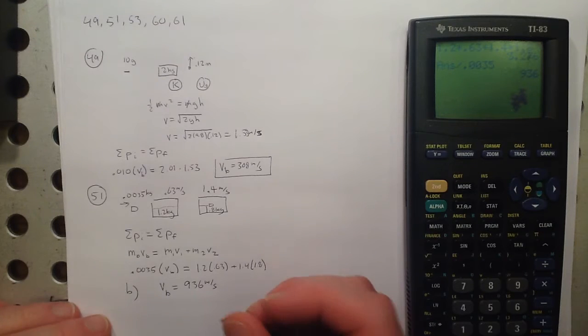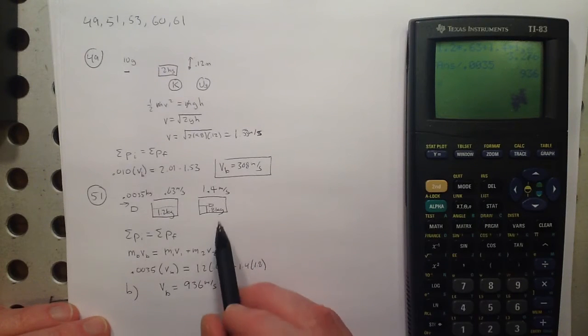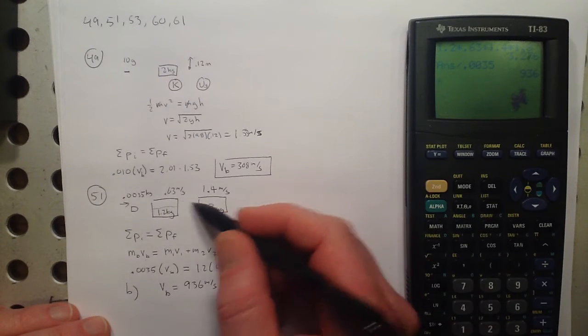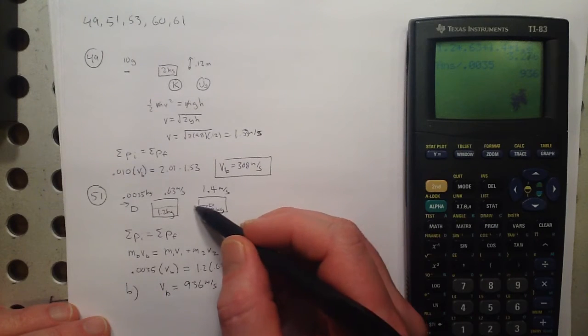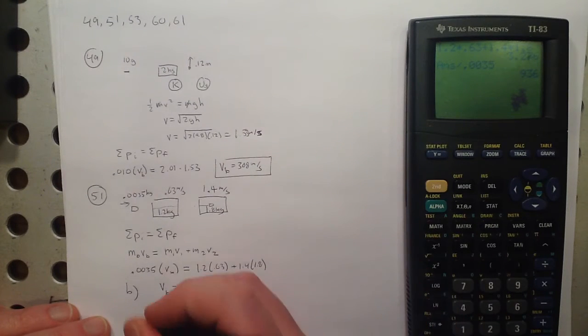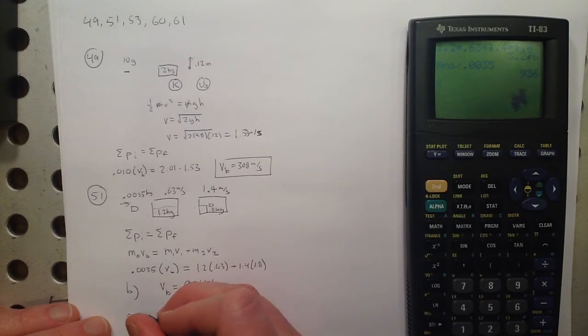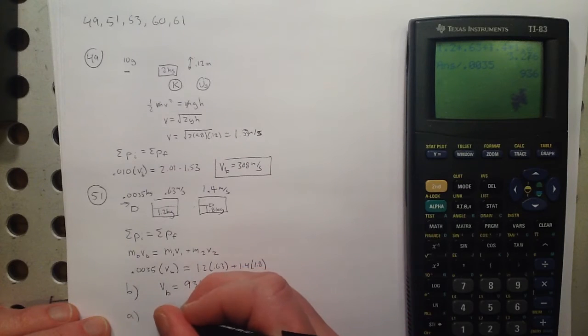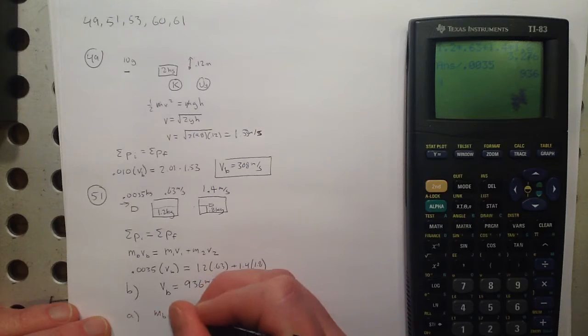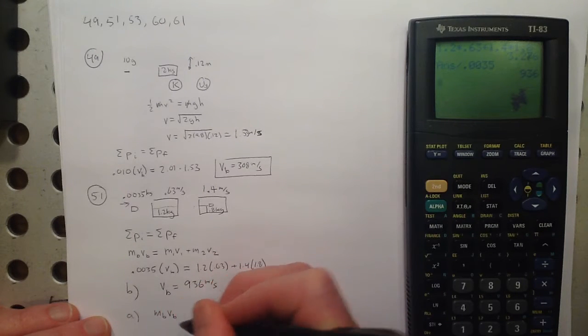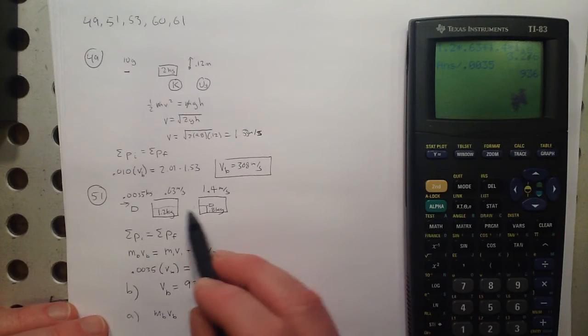It is. And now I want to find the momentum of the bullet before it goes into this block. So to do that, in part A, the mass of the bullet times the velocity of the bullet, how do we want to subscript that?